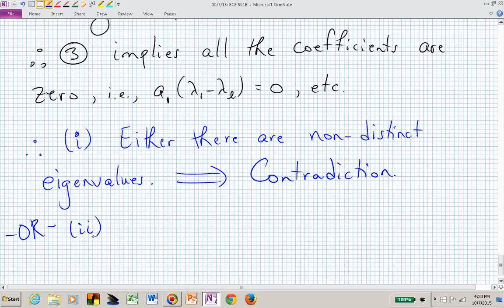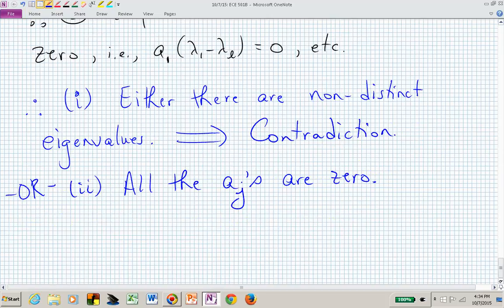The next path for all of those coefficients to be 0 would be that all the, let's say, a sub j's are 0. So now let's see if we can come up with a contradiction if we make that assumption. If all the a sub j's are 0, now we need to go back and remember what v sub l looked like.